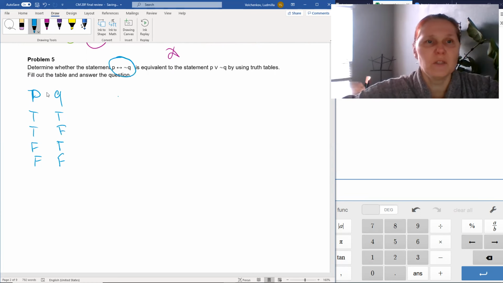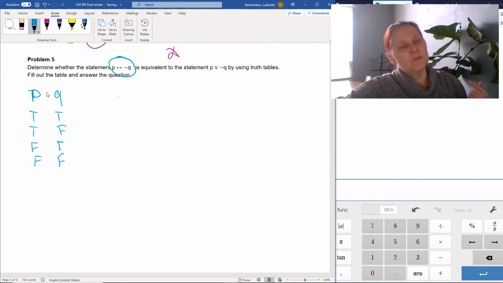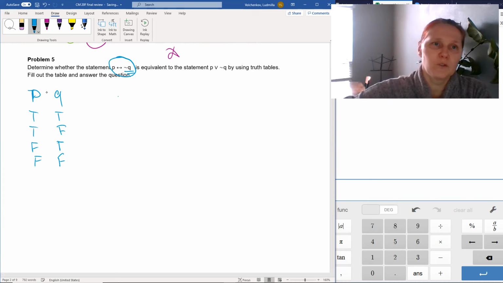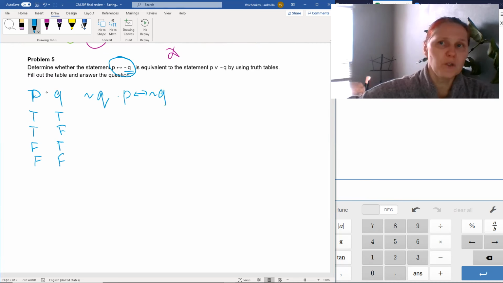First statement is P if and only if not Q. So we need a column for not Q. Not Q is the opposite of Q. So we look at the column for Q and write the opposite. The opposite of T is false. False, T, true. True, false, false, true.